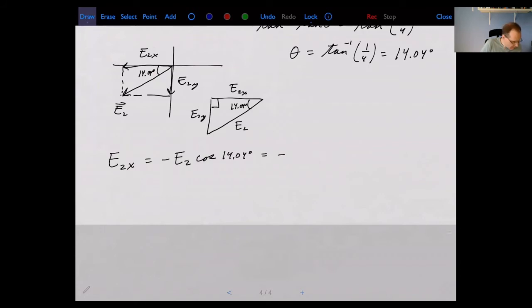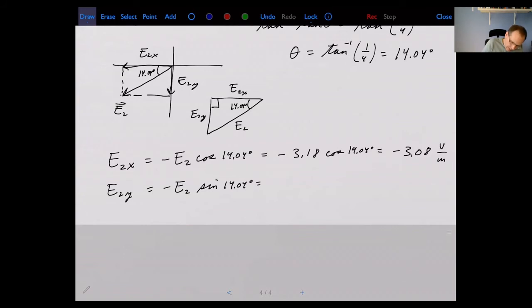We know the magnitude of E2 was 3.18, so negative 3.18 times cosine of 14.04 degrees, and that's around negative 3.08 volts per meter. And then E2y is going to be negative because it's downward, E2 times sine of 14.04 degrees.